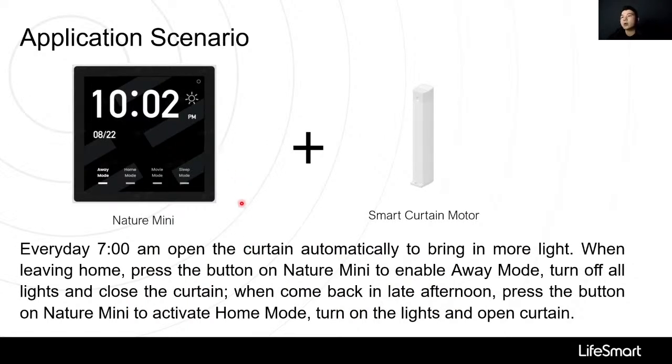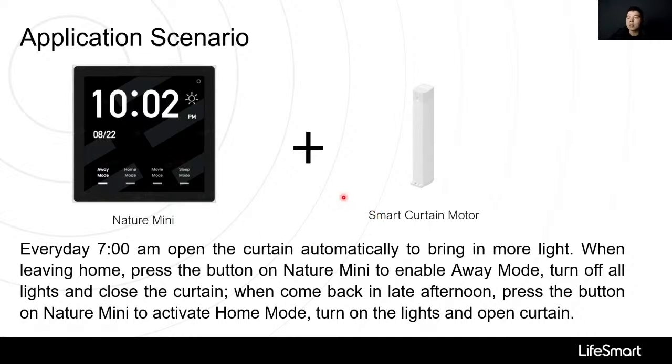Here's a scenario. Use our Lecture Mini and the smart curtain motor or quick link or means or blend. For example, every day 7 o'clock a.m., open the curtain automatically and bring in more light.